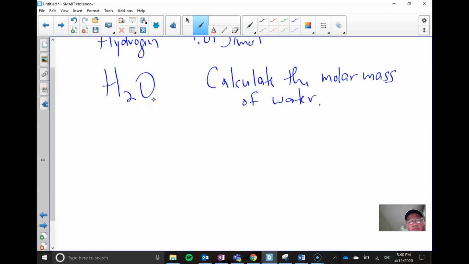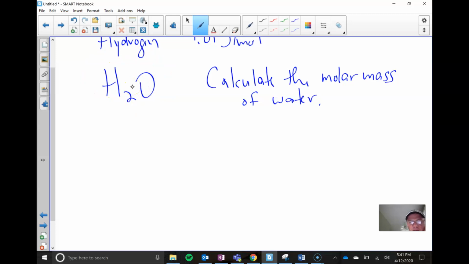Well, now we can view that in a little bit different way. Instead of saying that there's 2 atoms of hydrogen and 1 atom of oxygen, we can look at this as the number of moles of the element in that compound. So there are 2 moles of hydrogen in 1 molecule of water. There's 1 mole of oxygen in 1 molecule of water.